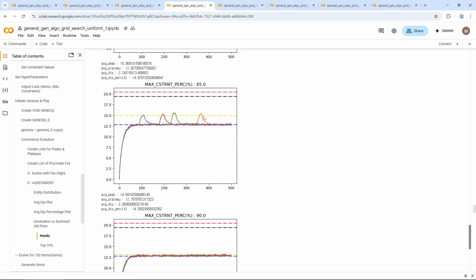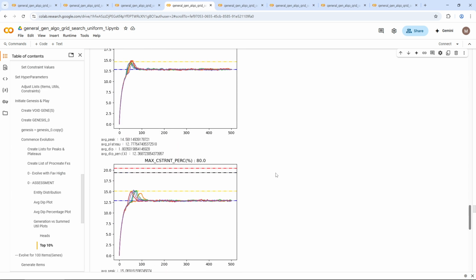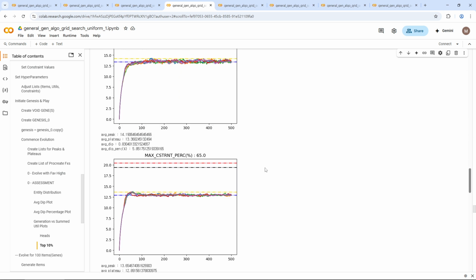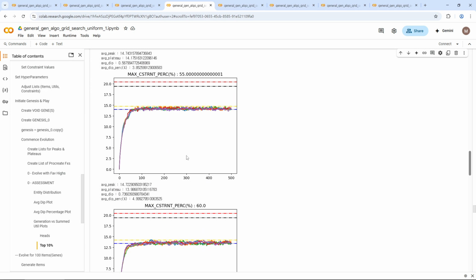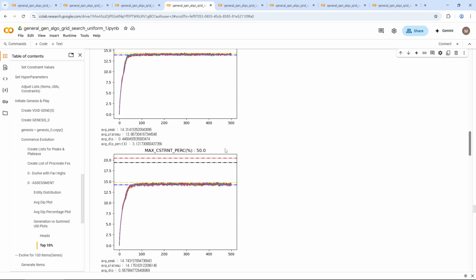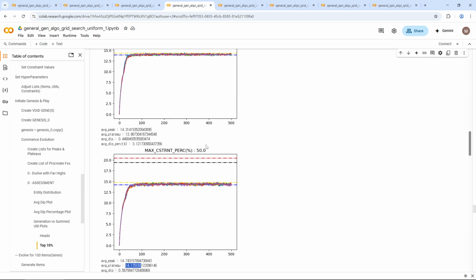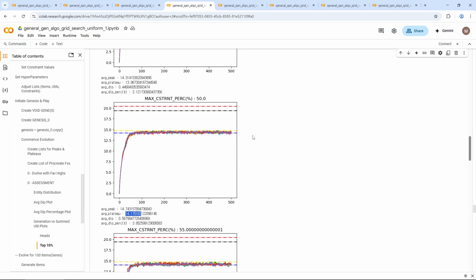Okay. Okay. 14. But the average plateau is at 12.79, and the average plateau level has been going down ever since. Yeah, the average plateau was at its highest when the maximum constraint percentage was at 50.